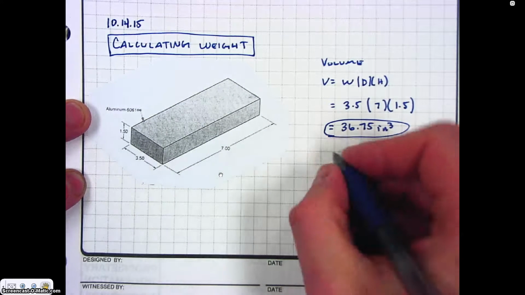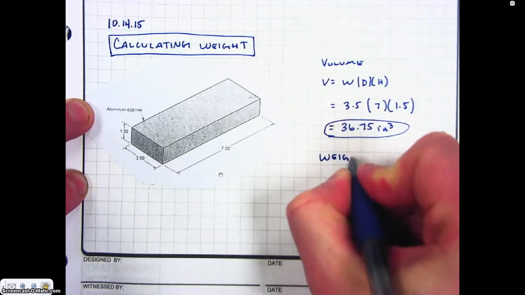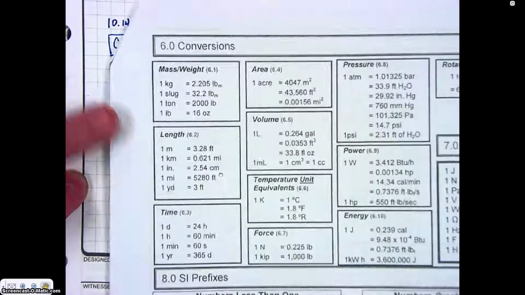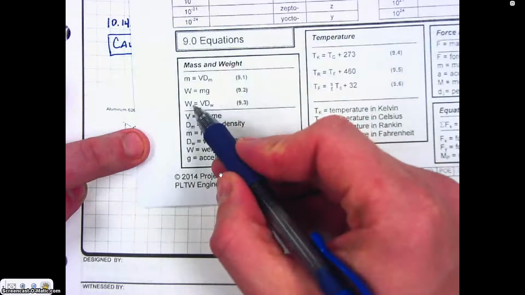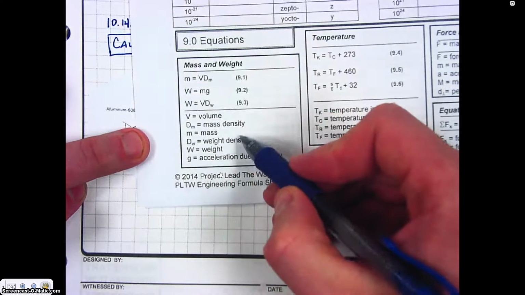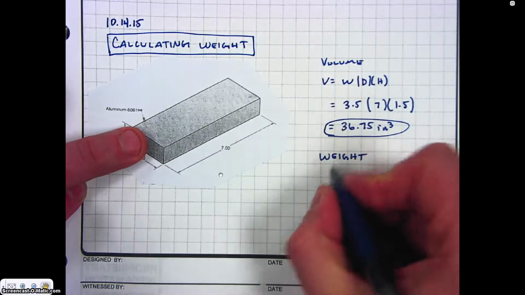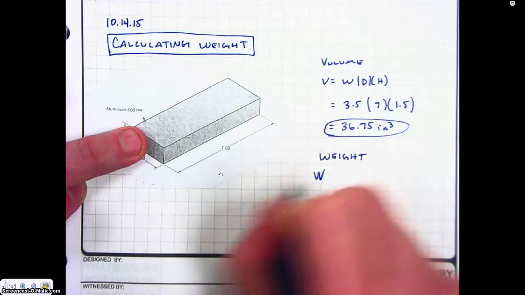The next thing we can calculate is weight. Once we have the volume, weight for any object, if you look at your formula sheet, weight of an object is equal to the volume times the weight density. Weight density is given for all materials.